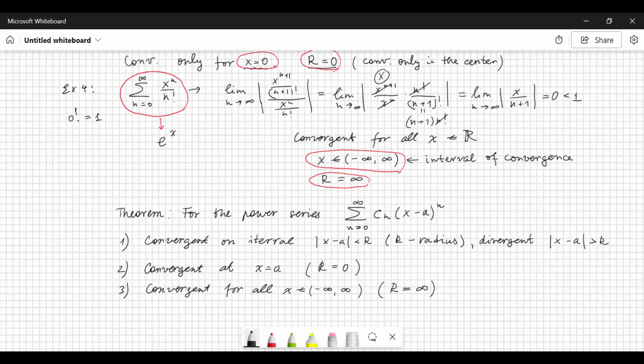So basically, guys, what we need to know about power series is that sometimes there is just one point where they converge, sometimes they converge on the whole number line, and sometimes they have an interval of convergence. I think I'm going to consider one more example of finding the interval of convergence, and I think that's going to be all for this section.